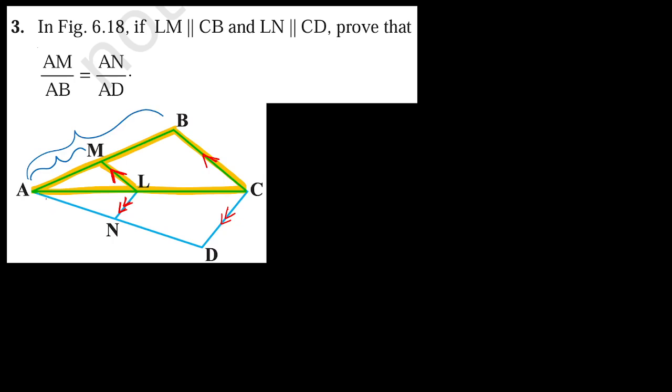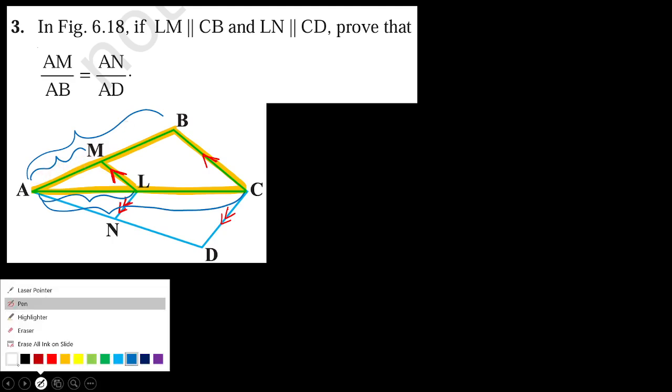The left side ratio will be equal to the right side ratio. Consider only this triangle. There is a parallel line, so the left side ratio equals the right side ratio.